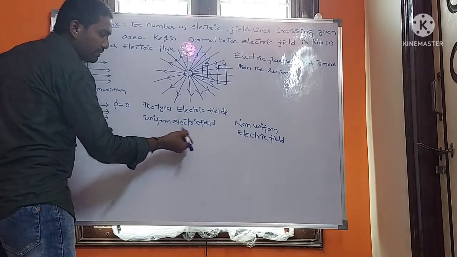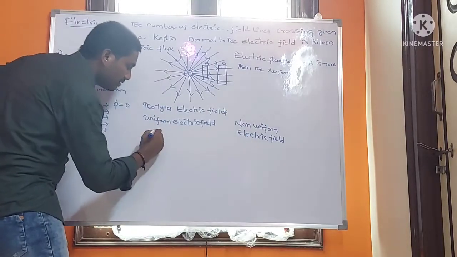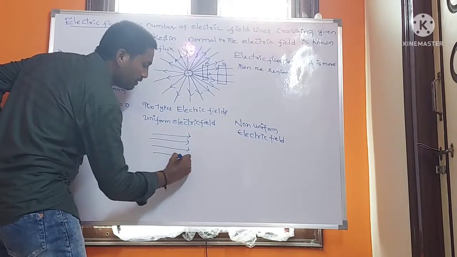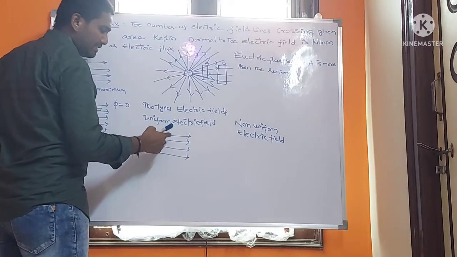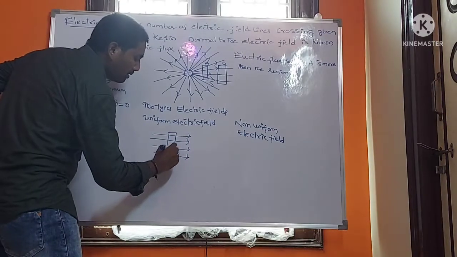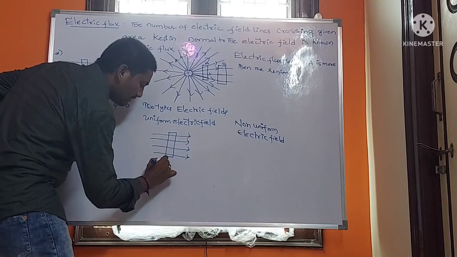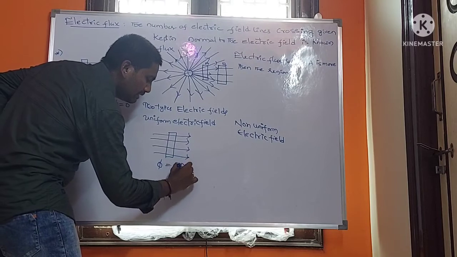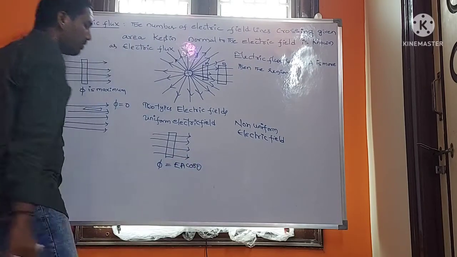For a uniform electric field, to find the electric flux, for example, this is the electric field. Uniform means both magnitude and direction are the same. With the area kept normal, the electric flux phi is equal to EA cos theta. Why EA cos theta?